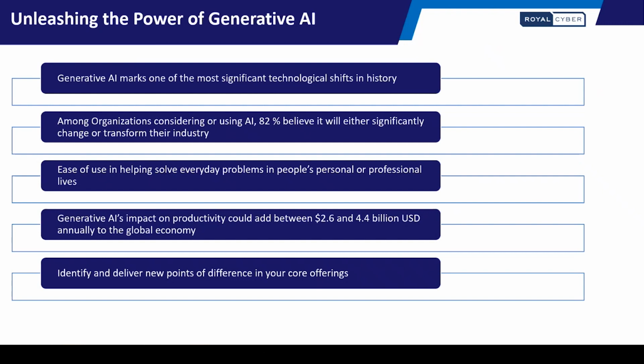According to McKinsey and Company 2023 research, generative AI's impact on productivity could add between 2.6 to 4.5 billion USD annually. With the right tools, you could identify and deliver new points of difference in your core offerings.